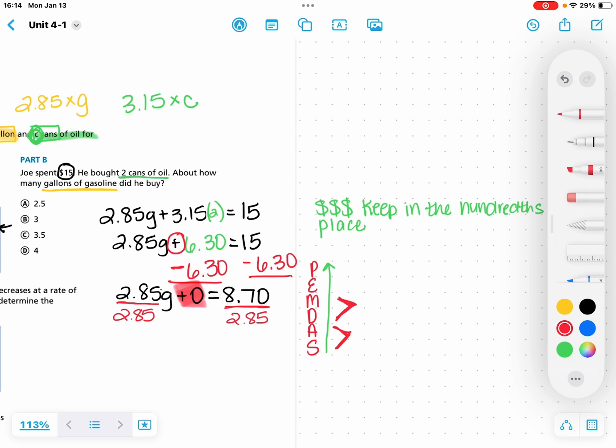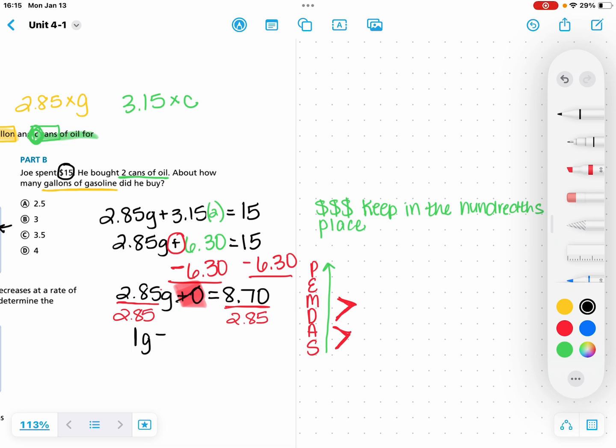So now I'm going to have 2.85 divided by 2.85. Well, that is just 1. So I'm going to write that out. That is just a 1, more specifically 1G, because you have to keep your G coming along. I'm not going to write that plus 0 anymore.